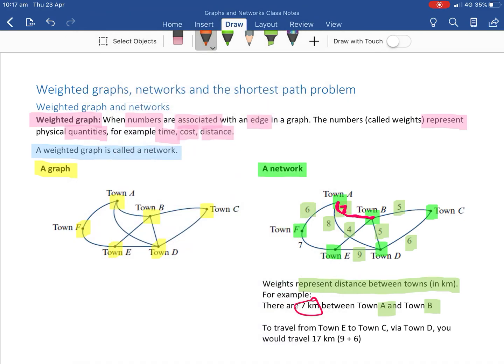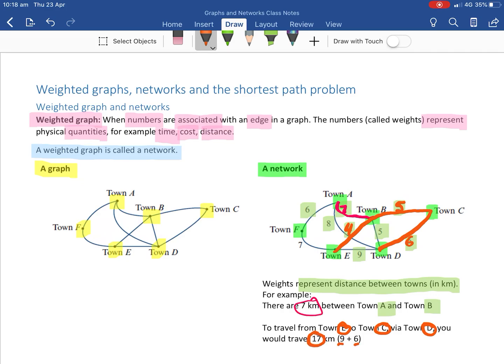For this one, if we go from town E to C to D, we've obviously got 4 here, plus 5, and then plus 6.